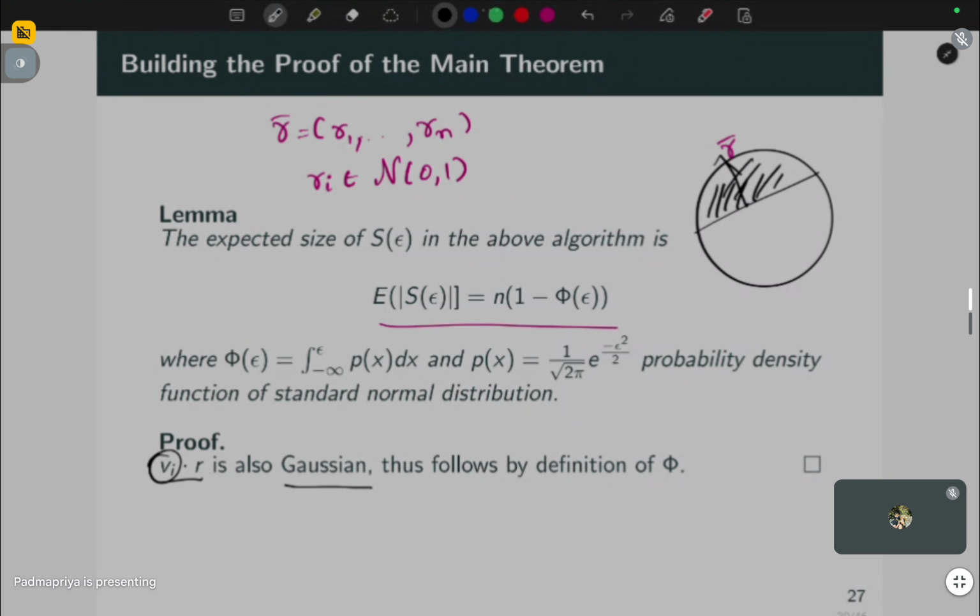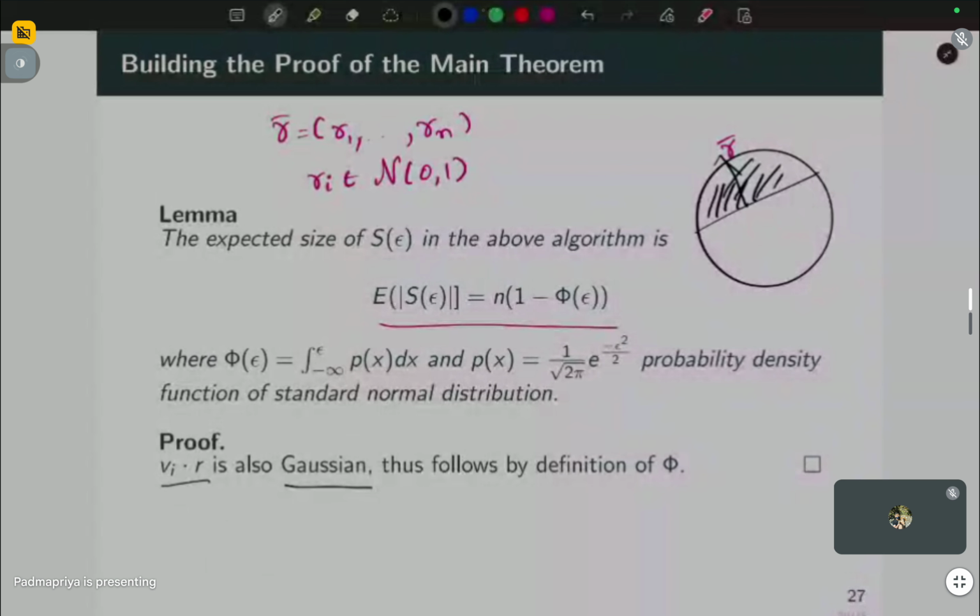If we pick any arbitrary Vi, it has fixed entries in it, and if I multiply it with each Ri, which is Gaussianly distributed, this is a constant times a Gaussian distribution. So overall, this dot product is also going to be Gaussianly distributed.